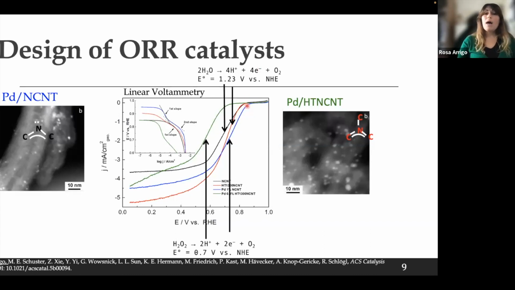However, when the quaternary nitrogen is occupied by palladium, we can see that the nitrogen species are no longer involved in the activation of oxygen. And we see a 2-electron transfer to H2O2 typical of palladium. So here we could really show the role of the different species in this application.